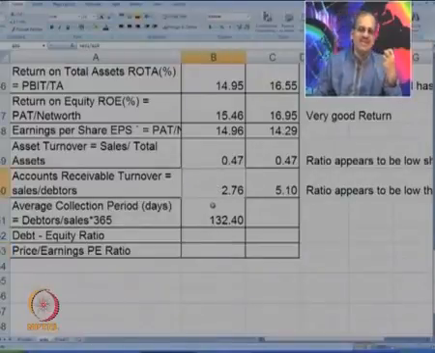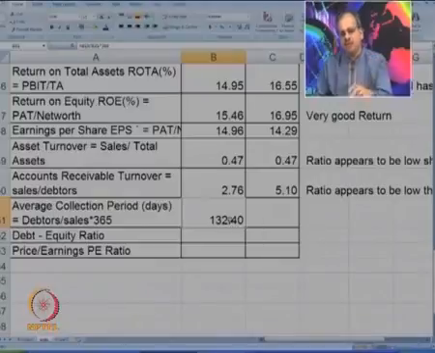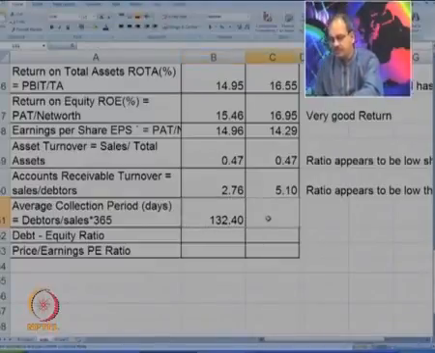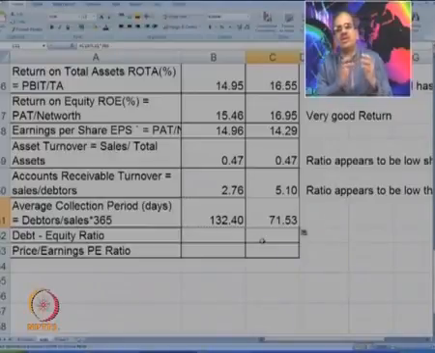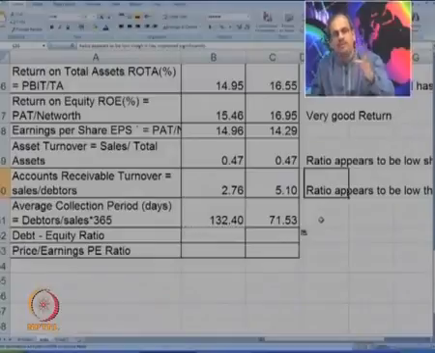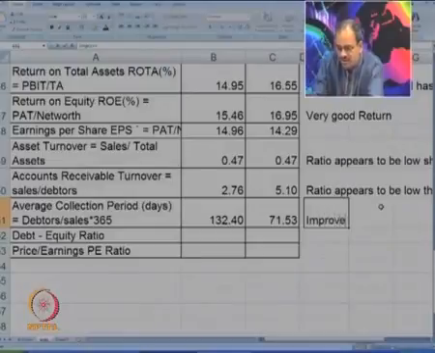So, the company needs to improve fast in its recovery. If you look at the current year, it has significantly come down to 71. So, it is just more than 2 months now. So, there is a good improvement in the efficiency of management of debtors.